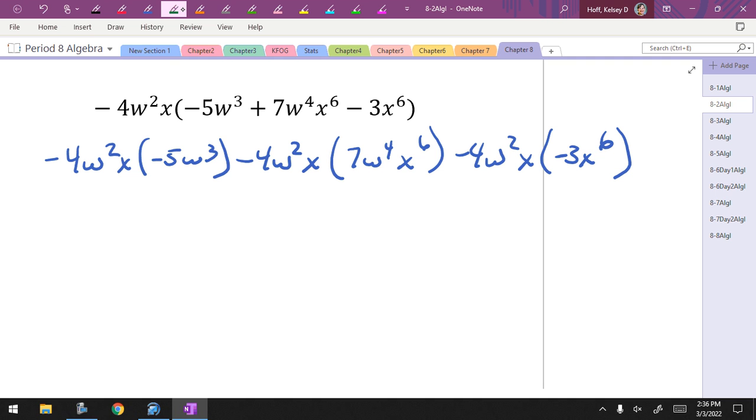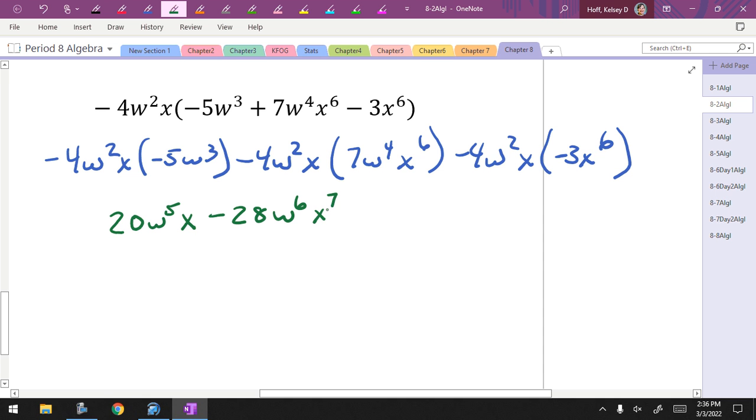Be sure you double check my work here. Clearly I can make some mistakes sometimes. 20w to the 5th x minus 28 w to the 6th x to the 7th positive 12 w squared x to the 7th.